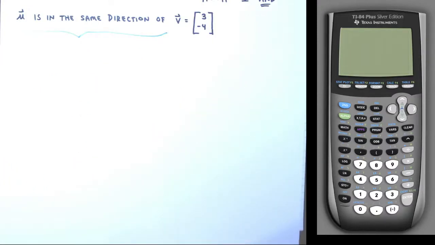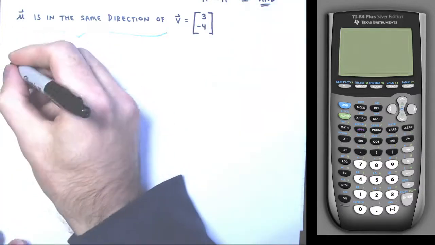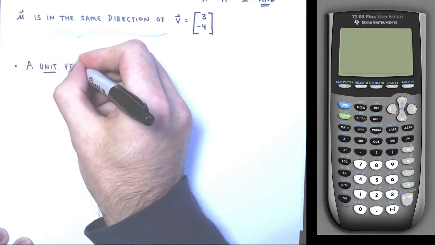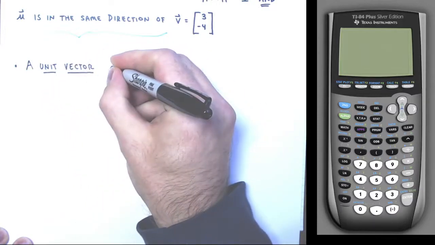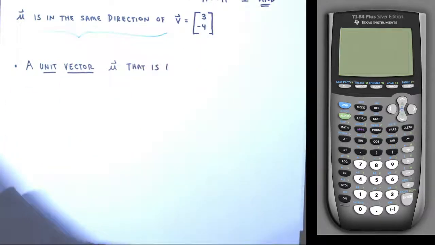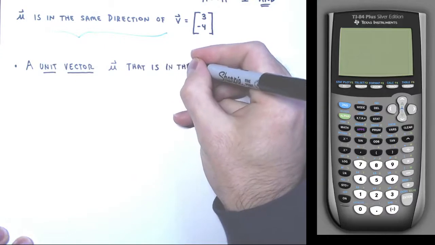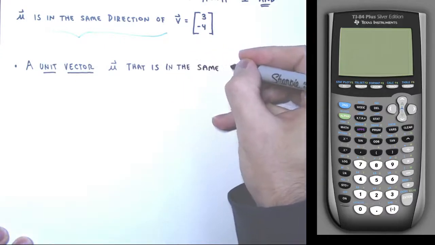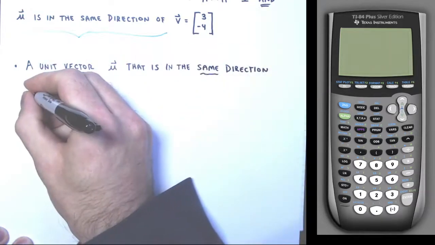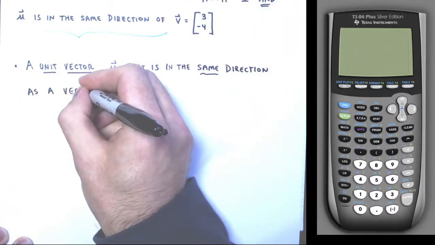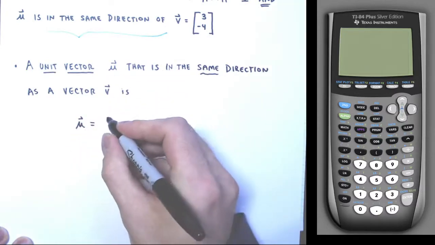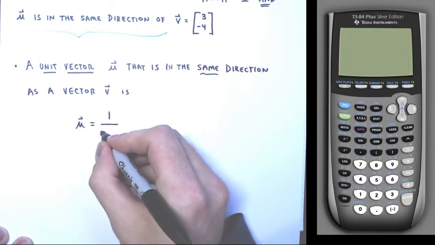A unit vector u that is in the same direction as a vector v is the following: u equals, and you saw my scalar was 1 divided by the norm of v.